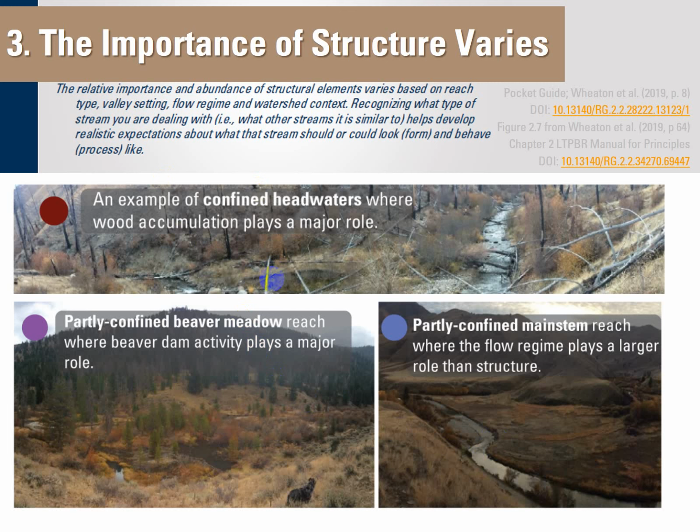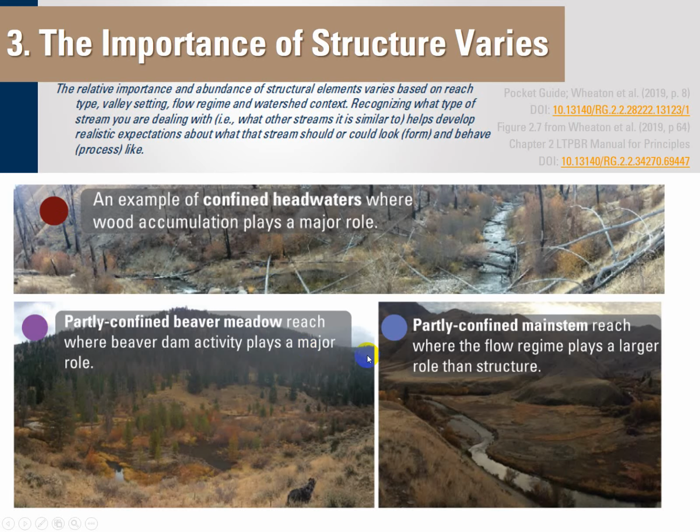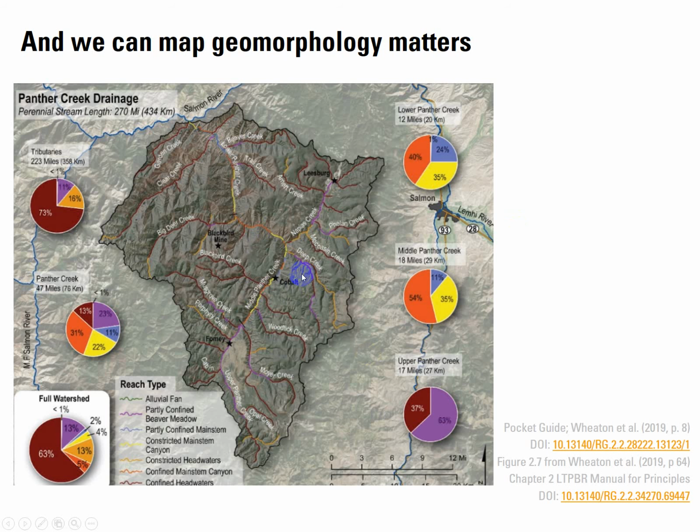So we've got this sort of built-in scaling for principle 1. Well, how much space does a river need? It needs what's defined by its valley bottom, which can be mapped. And then in the case of how important structural forcing is, this varies based off the hydrogeomorphic setting. And if you're comfortable with that, it's basically these are different reach types. And so the colors here in these dots correspond to the colors on the lines.